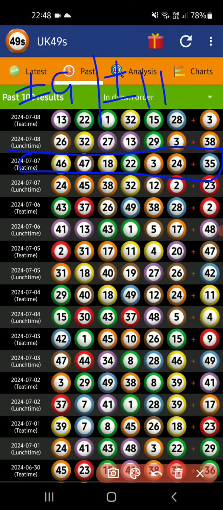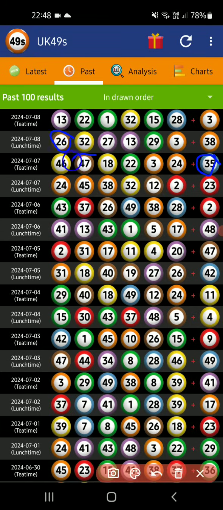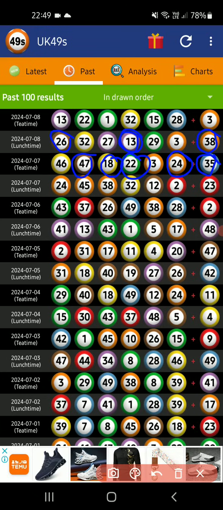It actually worked so well. 35 minus 9 is 26, 47 minus 9 is 38, 24 minus 11 is 13, 22 minus 9 is the same 13, 18 plus 11 is 29, 18 plus 9 is 27.